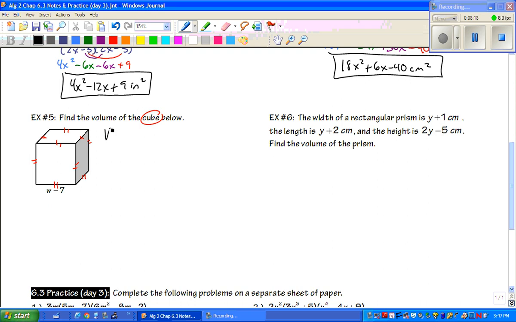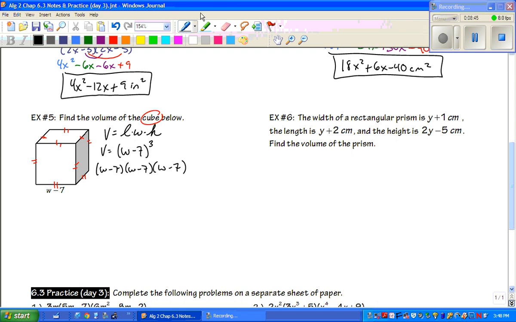And when you're trying to find volume, volume is length times width times height. So if we're talking about a cube, that's y minus 7 to the third power, because everything is the same. So then you're really doing y minus 7 times y minus 7 times y minus 7.